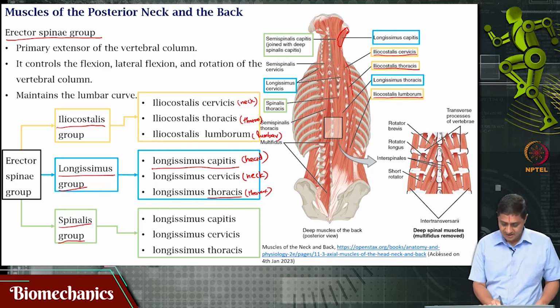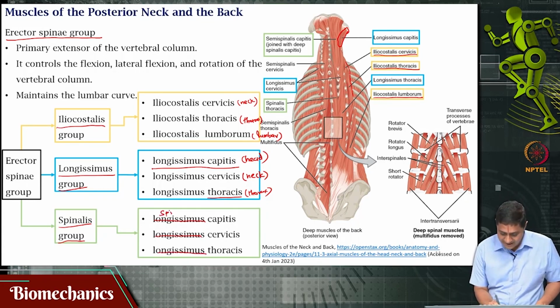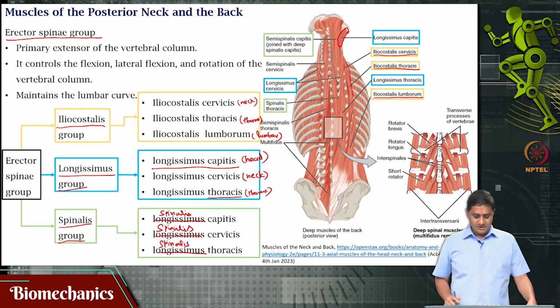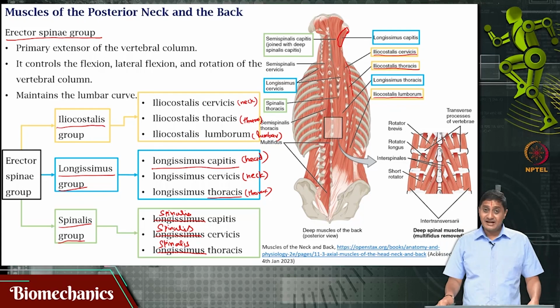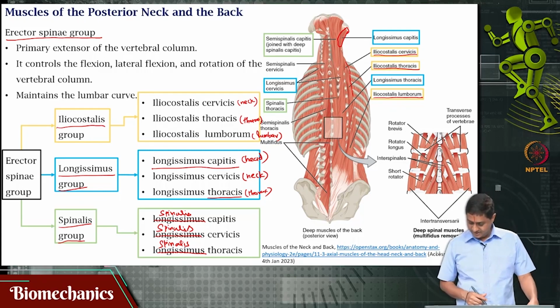These are not longissimus capitis, longissimus cervicis and longissimus thoracis, but rather spinalis capitis, spinalis cervicis and spinalis thoracis. There is a little mistake in this slide, that is okay, we will correct this.